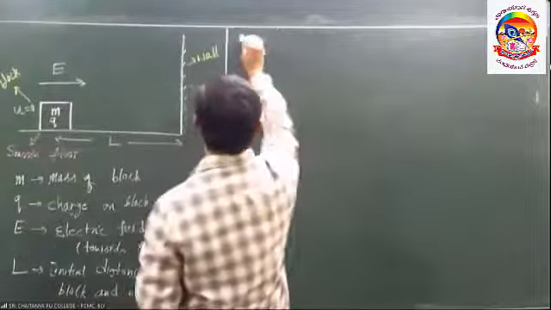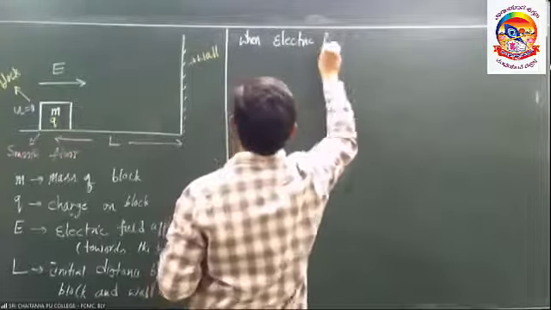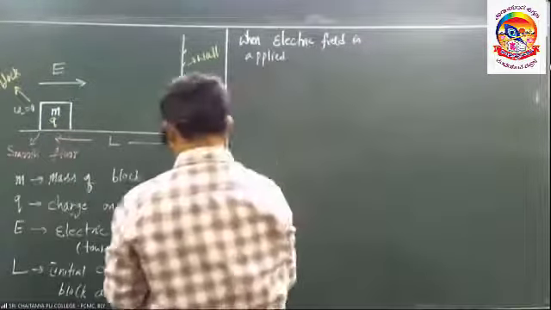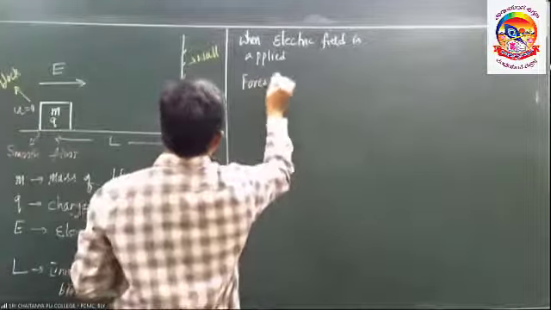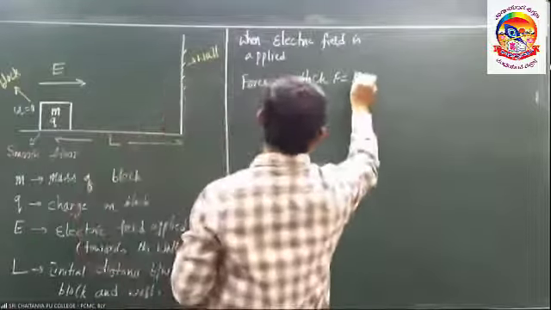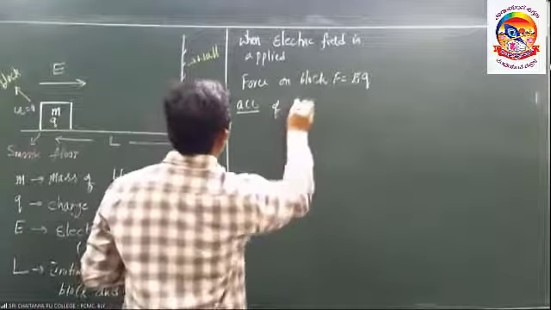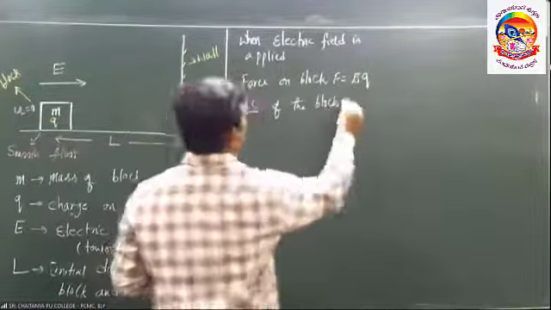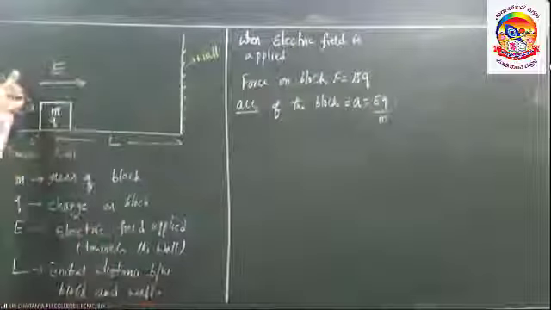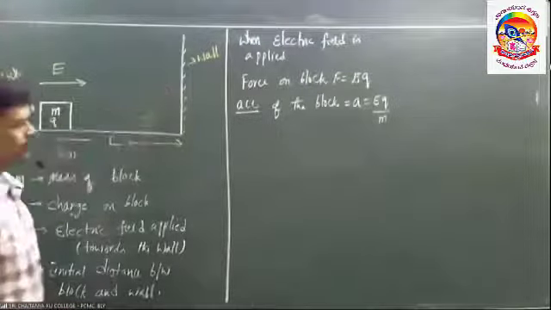When the electric field is applied, first thing, force on the block, F equals EQ. Then acceleration of the block, a equals EQ by M, towards the wall.